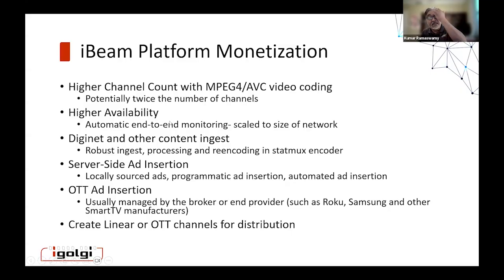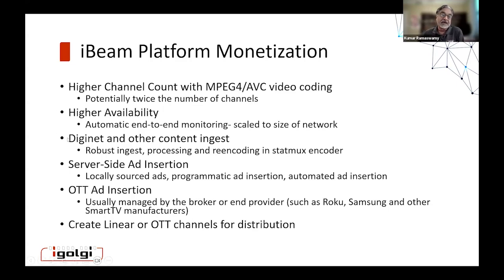Higher availability, obviously. Getting a standardized NOC-based data center would give you a lot of value, especially as a shared resource like that. It gives you much more cost-effective end-to-end monitoring, and it can be scaled to the size of the network. So availability also, I think, improves with automation. It's an automated way of producing more channels cost-effectively and with higher availability.